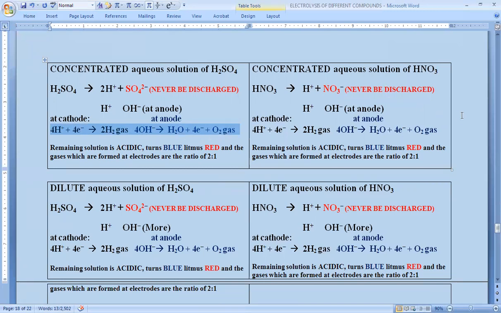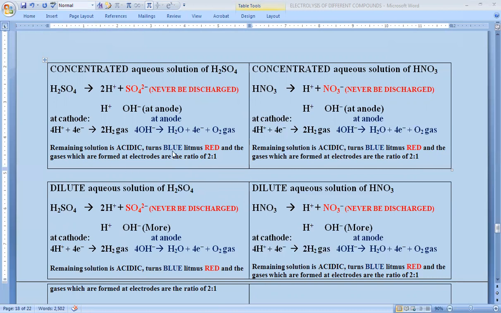So we can say that only concentrated HCl products are different, but concentrated aqueous solution of sulfuric acid, concentrated aqueous solution of nitric acid, dilute aqueous solution of sulfuric acid, or dilute aqueous solution of nitric acid, with the four cases, the results are the same.